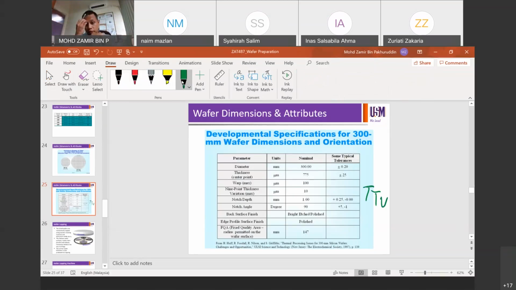You want the TTV to be as minimum as possible. Depth, notch, angle. Notch is the home position that I explained a few days ago. So that's a notch. Notch, 0 angle, 0 degree, or home position we call it. Then the finishing of the surface, either it's polished or non-polished, single side or double side, like you asked in our previous class.